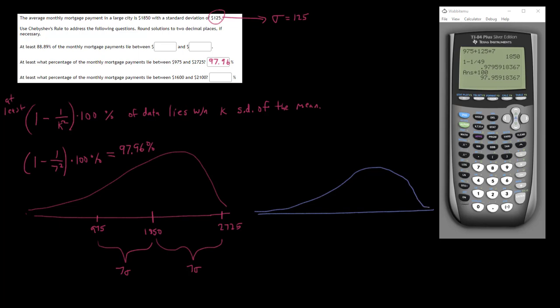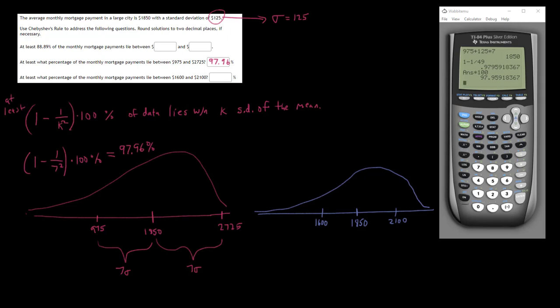And the mean is still the same, 1850, right there, kind of close to the middle, but more to the right. And this time, we're between 1600. So again, these are not drawn to scale, just 1600 is somewhere over here to the left, and 2100 is over here to the right.